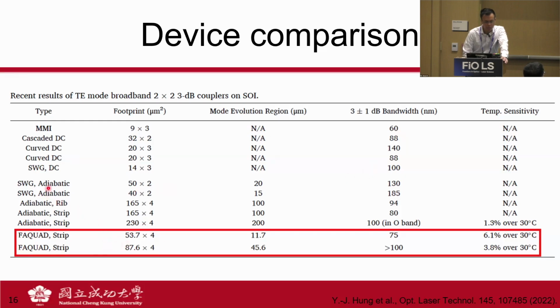And these conventional adiabatic devices, as I mentioned earlier, can achieve very good bandwidth, but the mode evolution could be longer. But in these STA protocols using Farquhar, we basically achieved a compromise between these two extremes. So we get the benefit from both worlds.